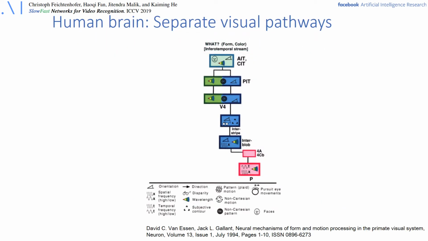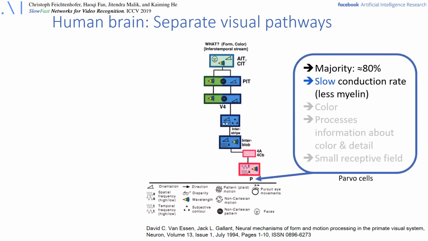So what do we know about the brain? We know that there are 2 pathways. The ventral or "what" pathway is responsible for object or face recognition and builds upon parvo cells, which are the majority of the cells in the retina, the P cells. These cells have a slow conduction rate, which means they can only slowly propagate information, color and semantic information.